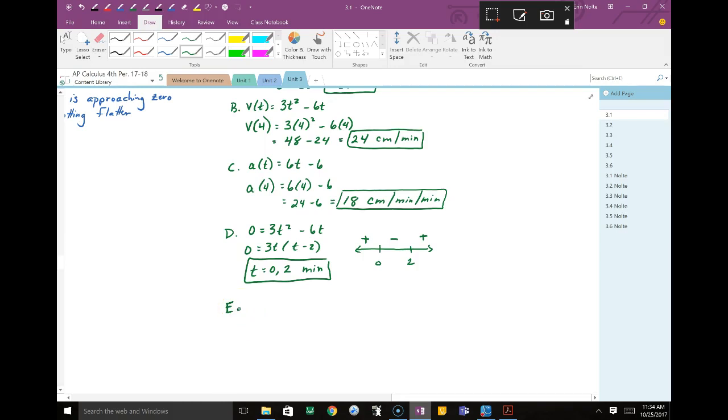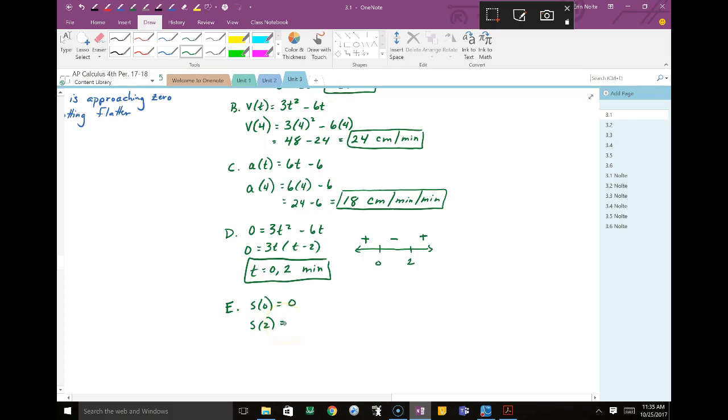Alright, what is the total distance traveled by the particle between 0 and 5? So for total distance, we have to know the displacement between 0 and 5, but we also need to know where it is when it turned around. So, the position at 0, and the position where it turned around, at time 2.